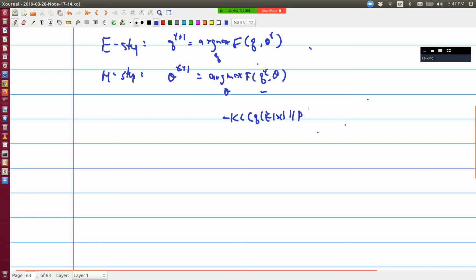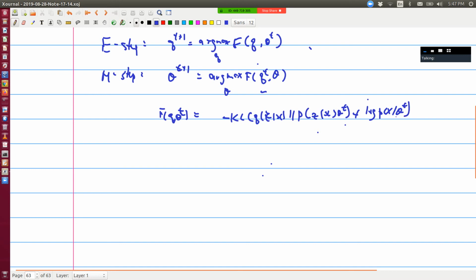So remember that I have this F(Q, theta). I can write it in this form, right? More precisely, it is equal to F(Q, theta_t), the KL divergence with p(c given x, theta_t), plus log p(x given theta_t).